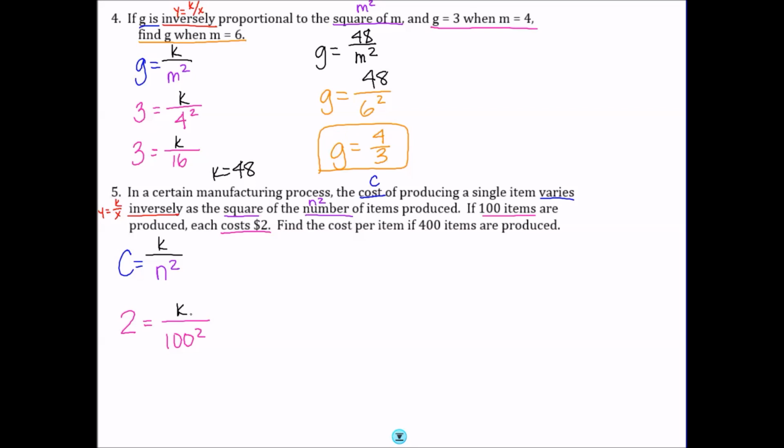So 100 squared is 10,000. And then if I multiply both sides by 10,000, I end up with k equals 20,000. So I can write out my equation of variation.